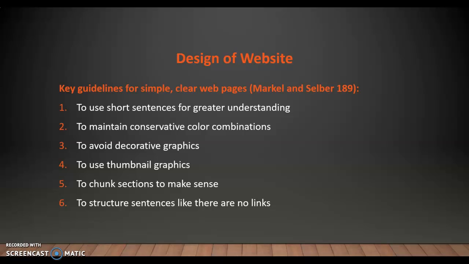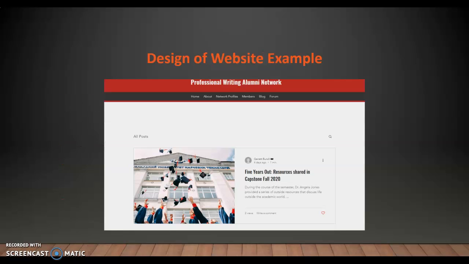That in and of itself already covers short sentences, avoiding decorative graphics, the thumbnail graphic for the blog post itself, and chunking the sections to make sense. The actual first part of that is also a hyperlink. So both the color system that is followed, which I'll talk about a little bit more in a second, and the way the page is laid out follows the Markel and Silber guidelines.